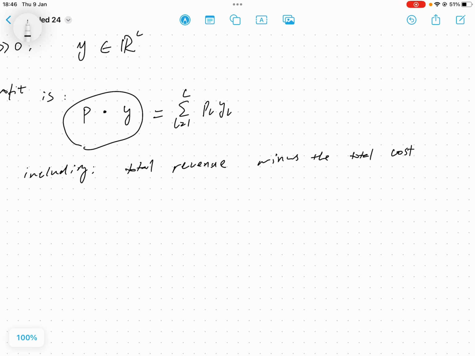Okay, so then we know that we have some technological constraints, that we can take some input to get some output, but this has to be constrained in our set capital Y, right?